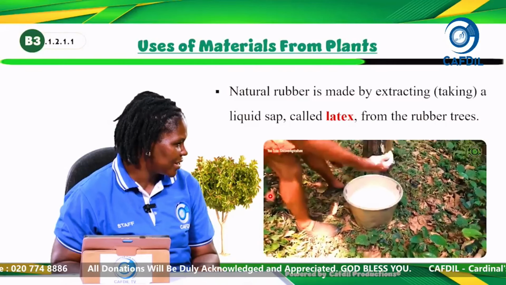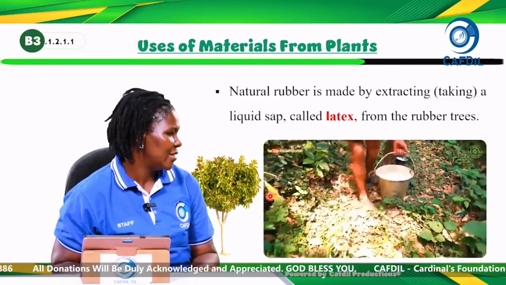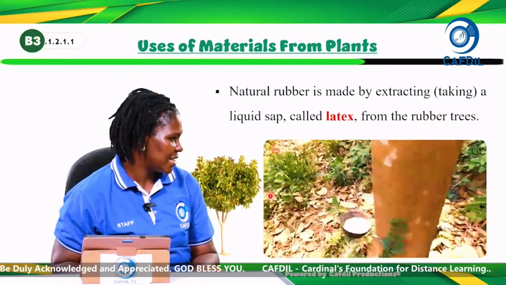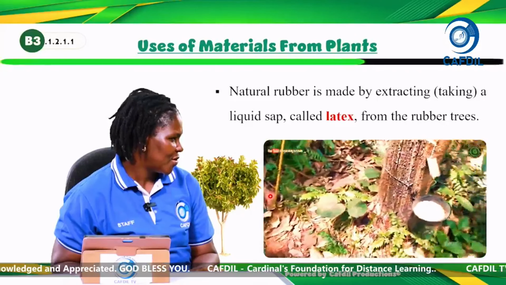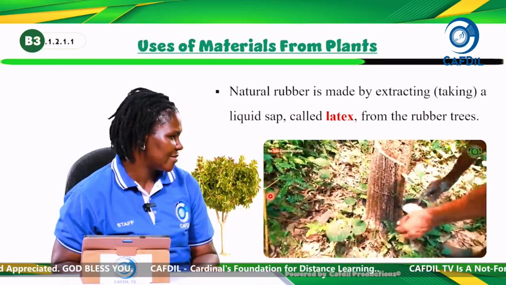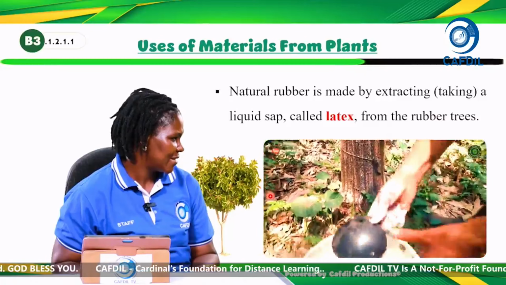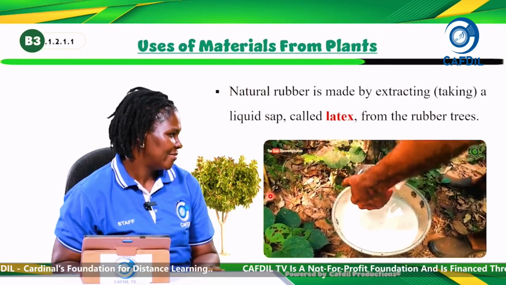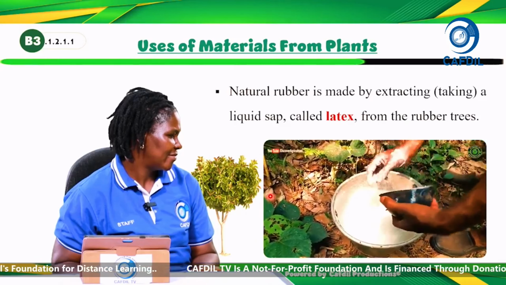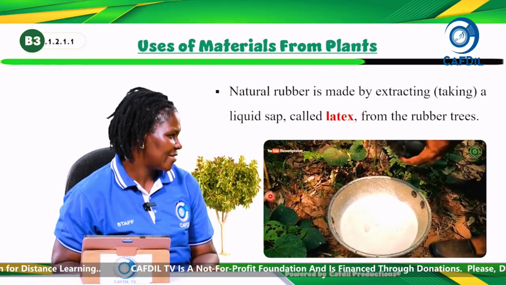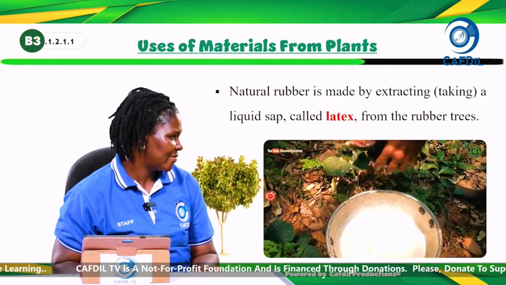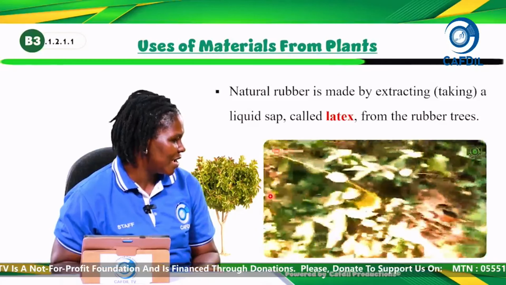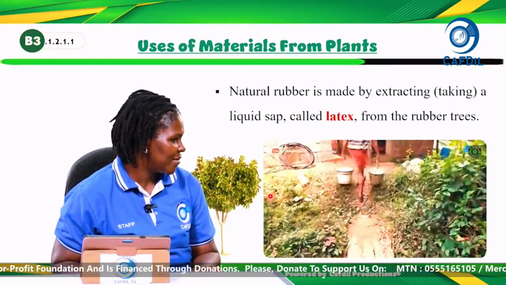So they will go around and collect all the sap that the tree has extracted. So you come here and pour it in and put it there again. So it's white. You remove everything and put it there again. The next day you will meet another one.